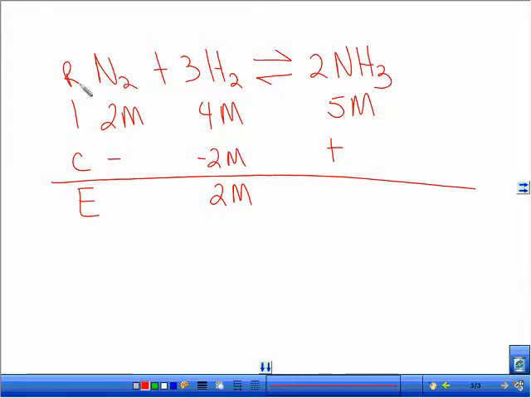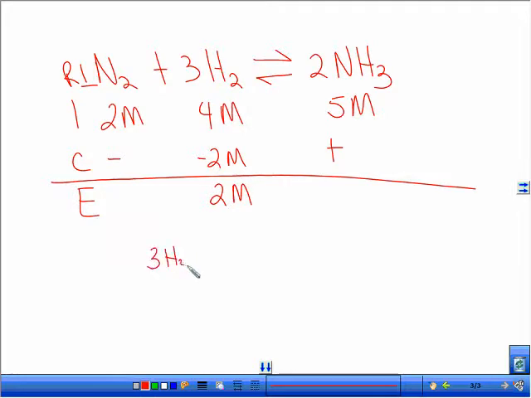So now we use the coefficients. For every 3 of those, there's only 1 of those. So the N2 is 1/3 of whatever the H2 is. And since this is 2, this would be 1/3 of it, which would be 2/3, or 2 divided by 3. And if you can't see that, you can set up a ratio.